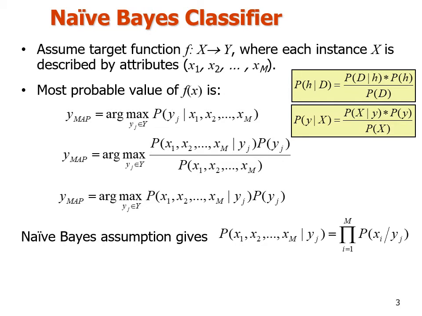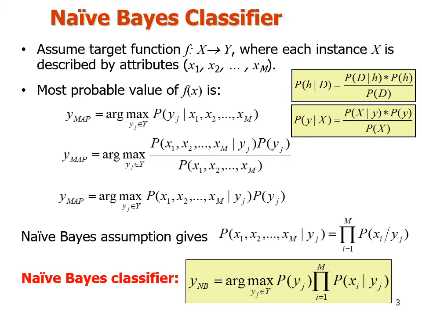By simply substituting this expression in our earlier y map, we come up with the formal expression for the Naive Bayes classifier, denoted as yNB is equal to argmax over yj, that belongs to capital Y, probability of yj into the product of probabilities of xi given yj, where i is from 1 to m.